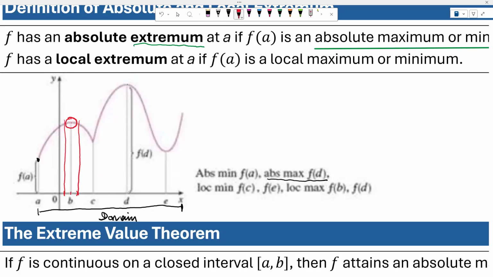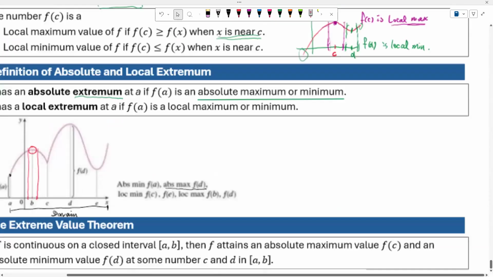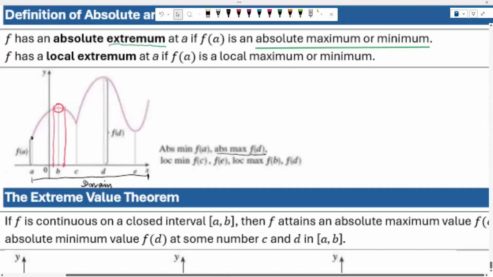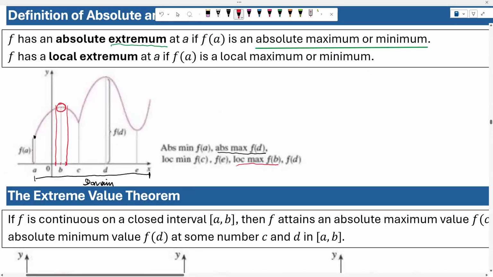So therefore, in this case, f of b will be the local maximum, okay. And again, it is changing from increasing to decreasing, okay. Of course, another one is that f of d is the local maximum as well, okay. But you will see that f of d is also the absolute maximum, okay.